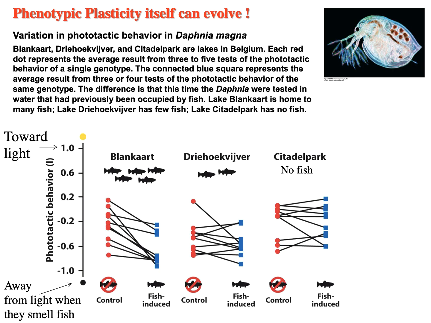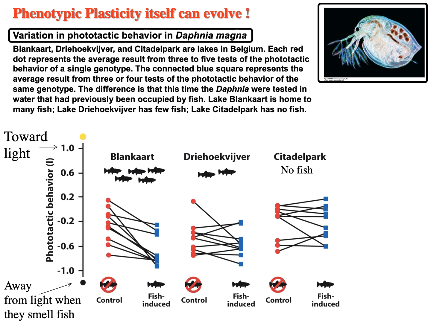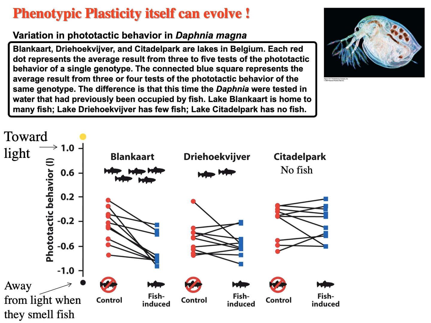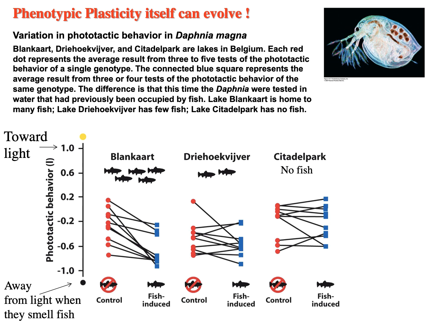Here's another example of phenotypic plasticity in Daphnia, which is a small crustacean, an aquatic microscopic animal. So they had two different populations or genotypes of these small Daphnia.